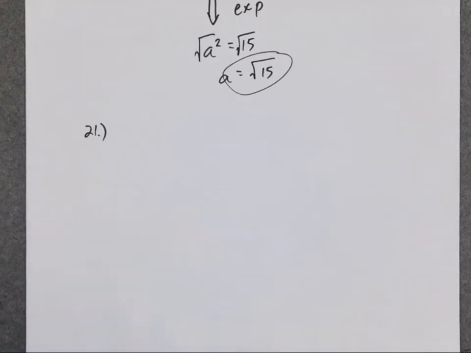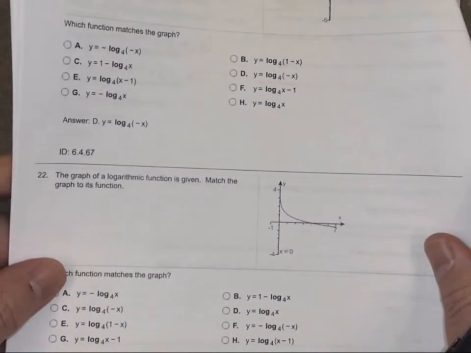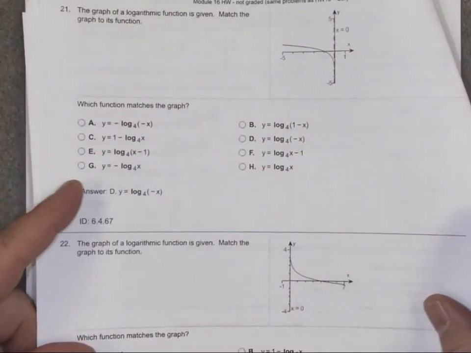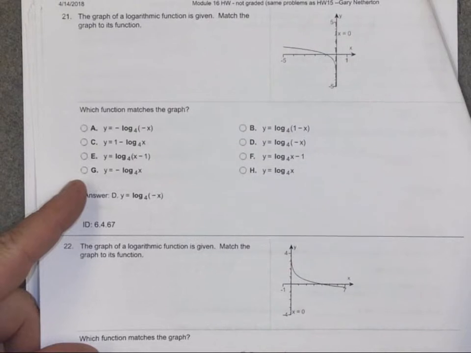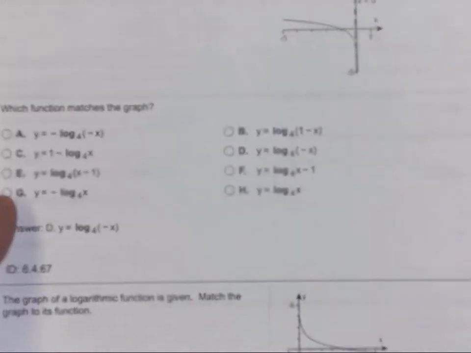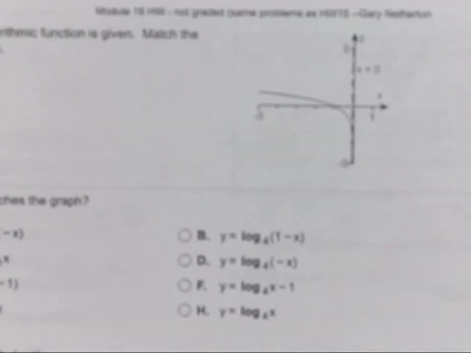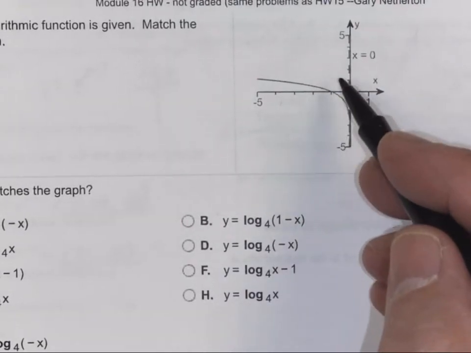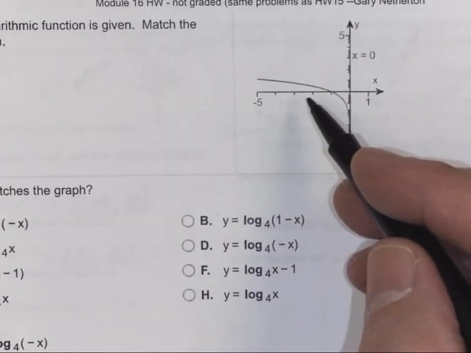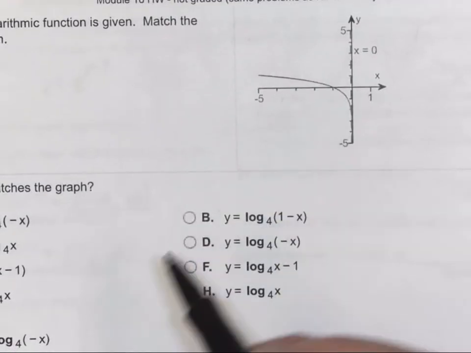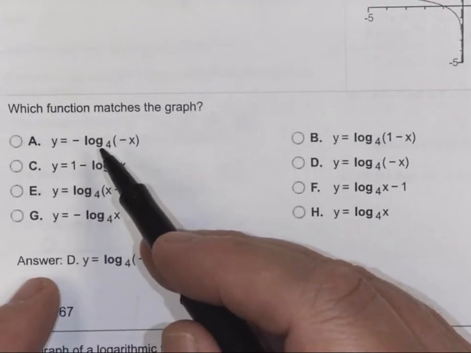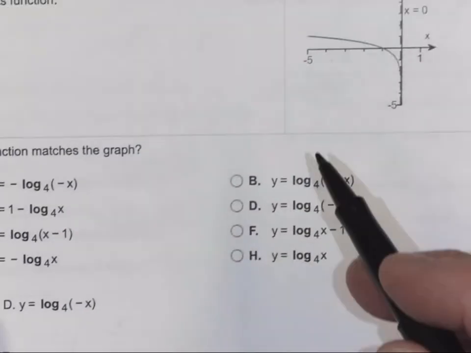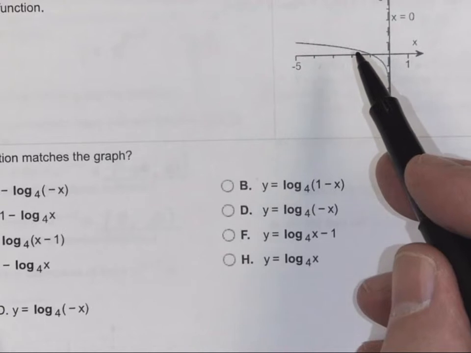So for instance, here's the graph they give you. They're saying this is some kind of graph of a log function. And they give you 8 possible equations, and they say, which one is this?